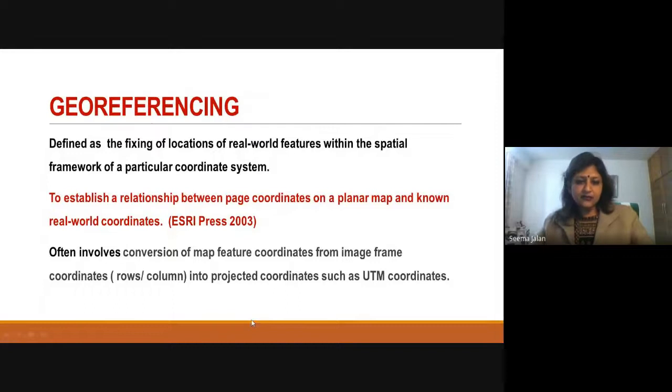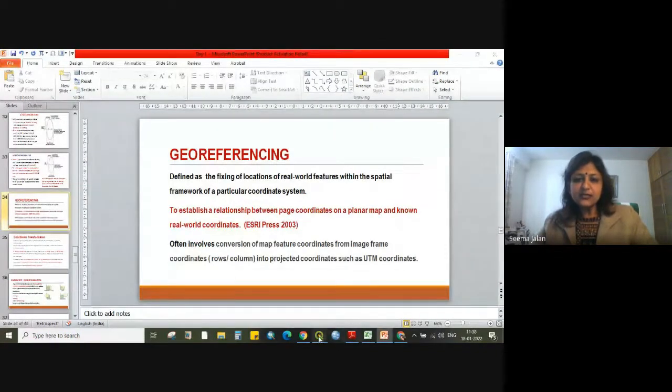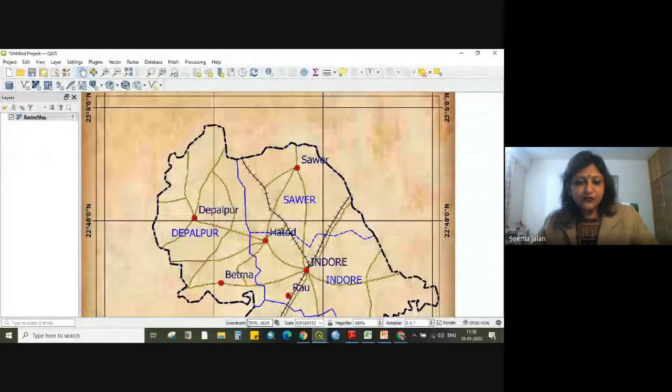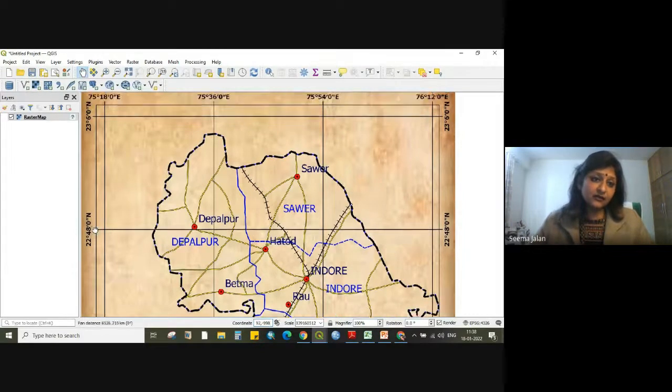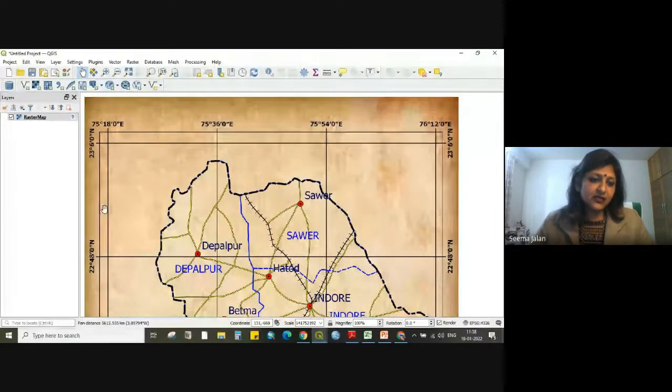What you have to do is establish a relationship between, I take my cursor here, this has some 94, minus 1044 coordinate value, and it has some real world coordinate value which is 75 degree 18 minutes east and 22 degree 48 minutes north.